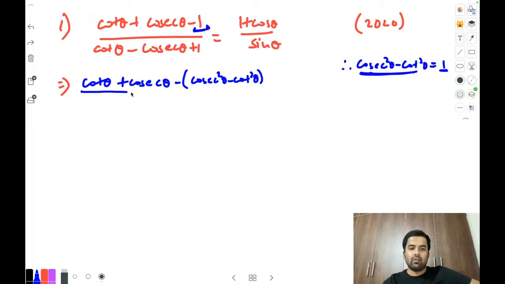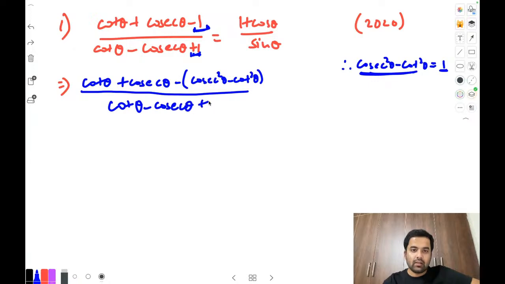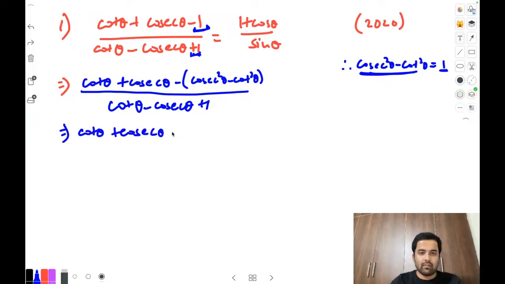Now the whole is divided by, and in the below part we again have a 1. We can keep the same number, but here there is no need because we have to cancel it out. So this one as it is. Now remove the bracket, and in the next step, this thing as it is, minus.